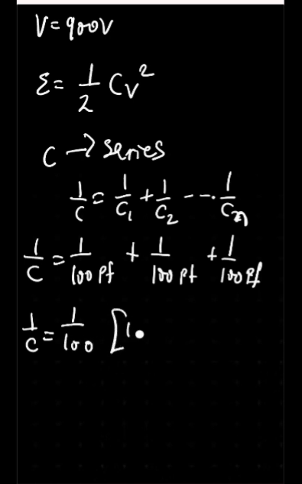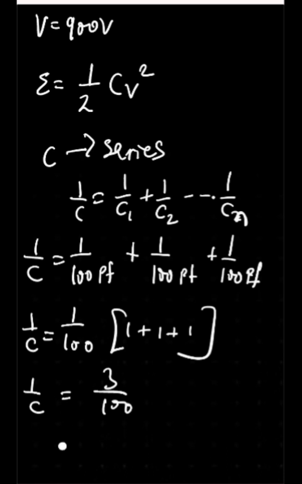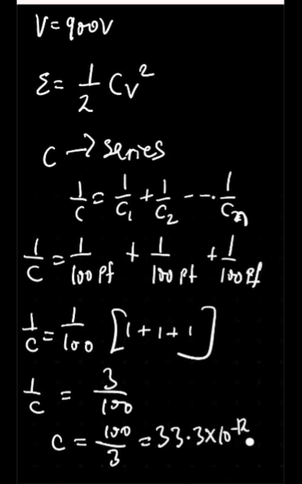So here will be 1 plus 1 plus 1. So 1 over C is equal to 3 over 100. And if I invert it, C will be 100 over 3. That will give me 33.3 picofarad. And pico means 10 raised to the power minus 12 farad.